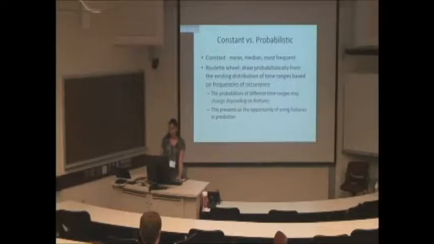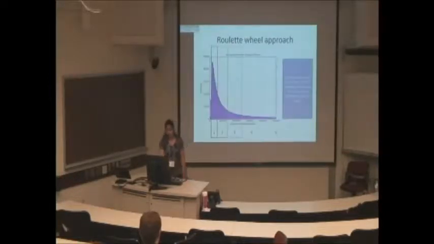So we can introduce a probabilistic scheme. We can call this a roulette wheel scheme, or we can call this a weighted random choice scheme. And that is to draw probabilistically from the existing distribution of times we already have. And the nice thing about this approach is that it presents us the opportunity to actually use the features. So this is the approach.